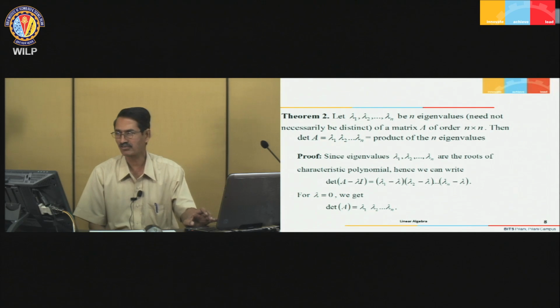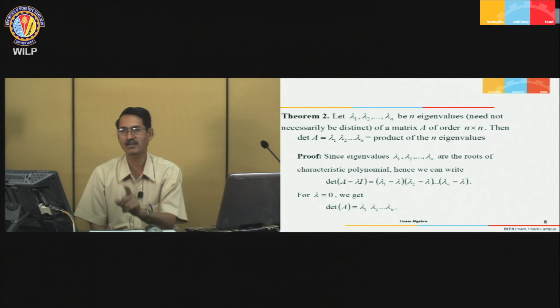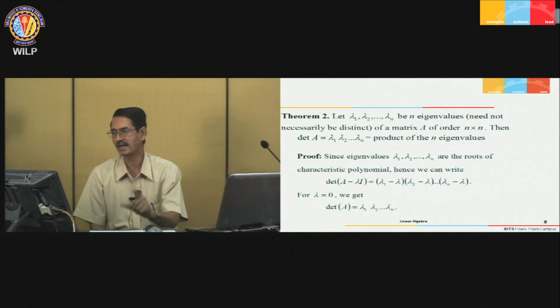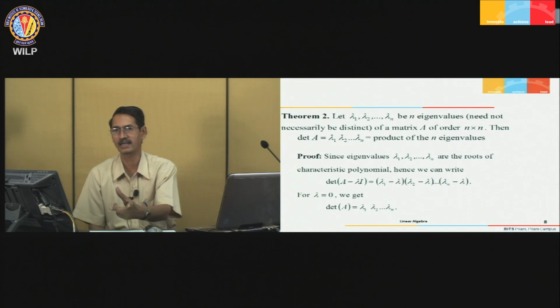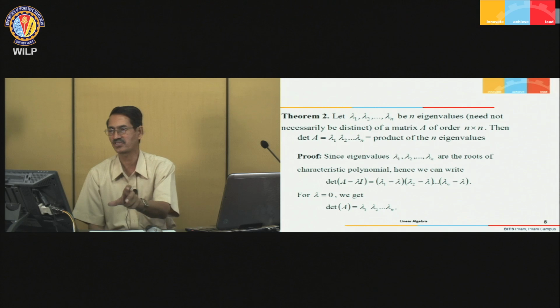And this is also a very important criterion for how to find the determinant of the matrix if you know all eigenvalues. Suppose that lambda 1, lambda 2, up to lambda n are the n eigenvalues. Some of the eigenvalues may be repeated, they need not be distinct.